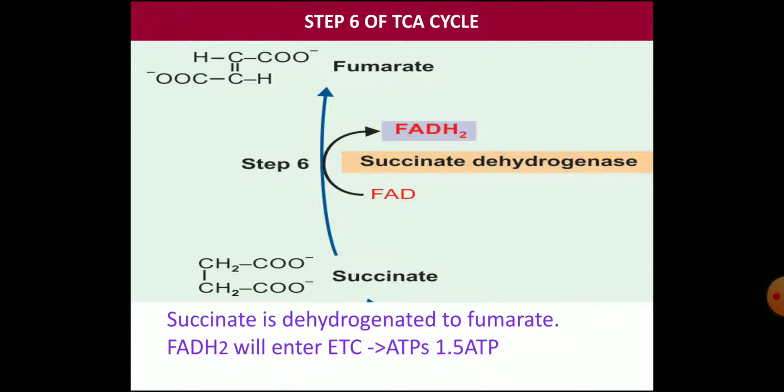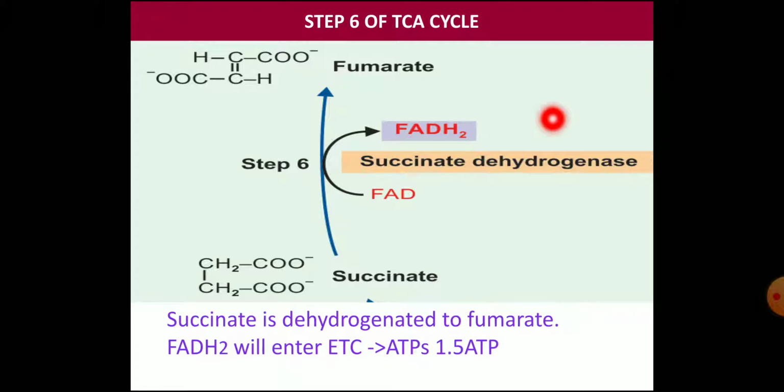Then the sixth step, where the succinate is converted to fumarate by the enzyme succinate dehydrogenase, where the FAD is the coenzyme. So FAD is converted to FADH2, and it is going to the electron transport chain, produces 1.5 molecules of ATP, not 2.5. It is FADH2 produces only 1.5 molecules of ATP.